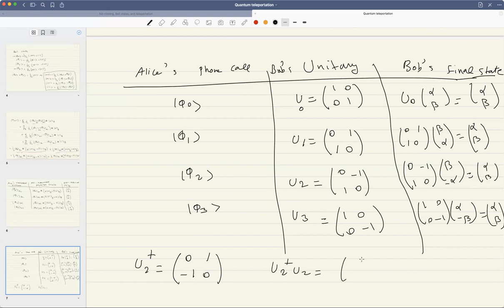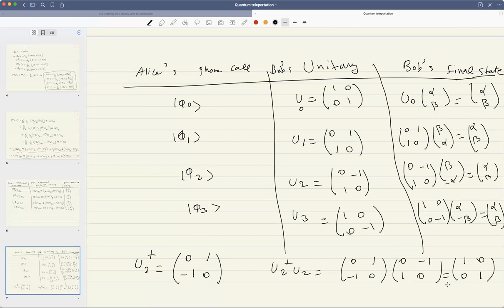It's going to be 0, 1, -1, 0 times 0, -1, 1, 0. If I do that multiplication, I find 1 here, 0 times 0 plus 1 times 1. I find 0 here. I find 0 here. Here, I find -1 times -1 is 1, plus 0 times 0 is 1. So that product is the identity. So all of these are unitary operators.